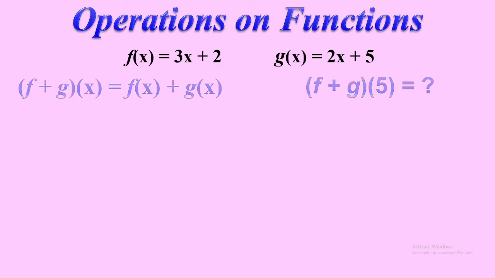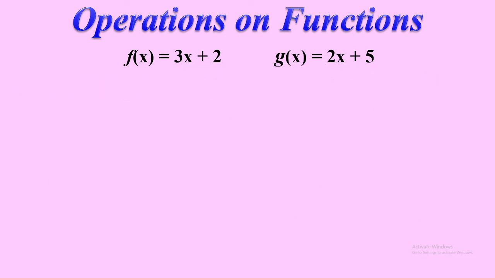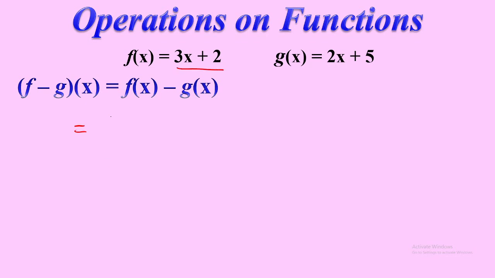Let's have another example. This time, let's go to subtraction of functions. So over here, the subtraction part is very, very crucial. Why? Here's the thing. So I'll be writing f of x. This is f of x. 3x plus 2 minus. I will be enclosing 2x plus 5 in a parenthesis.